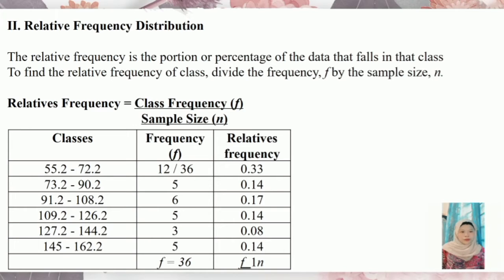For example, the first class, 55.2 until 72.2, has a frequency of 12. So to get the relative frequency, we divide 12 by 36, because the sample size is 36. So we can get 0. The table is in the frequency distribution.